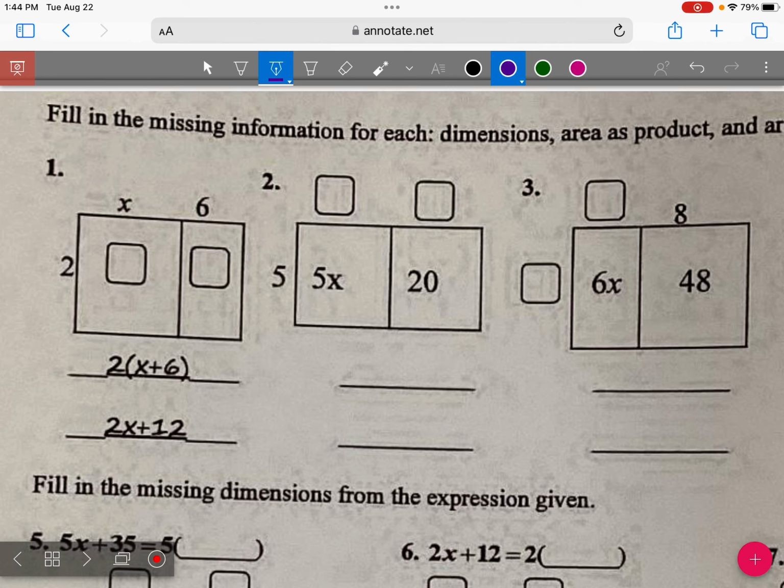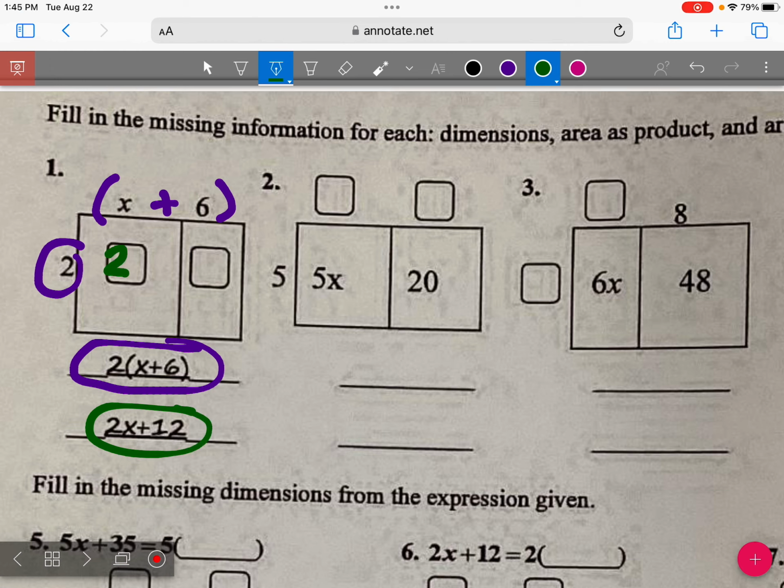They did an example for us here where they wrote it as the product of the outside, 2 times x plus 6, and they wrote it as the area model, our 2x plus 12. So that's what they mean when they say write it as a product and as a sum in the directions.